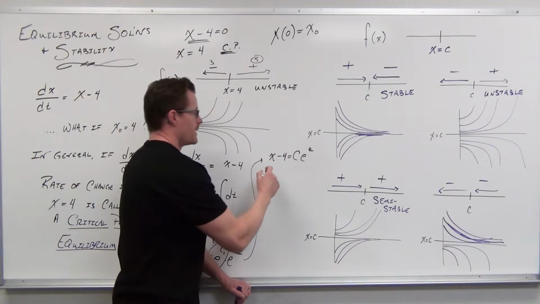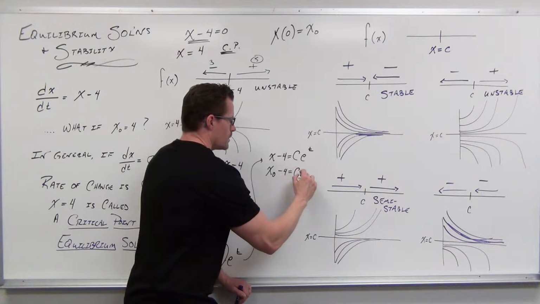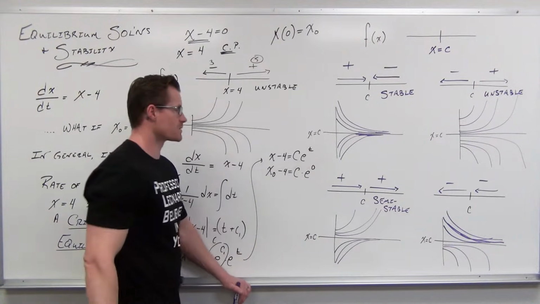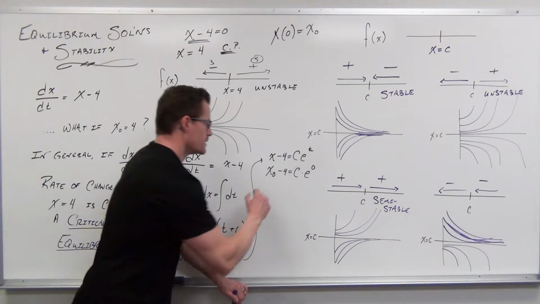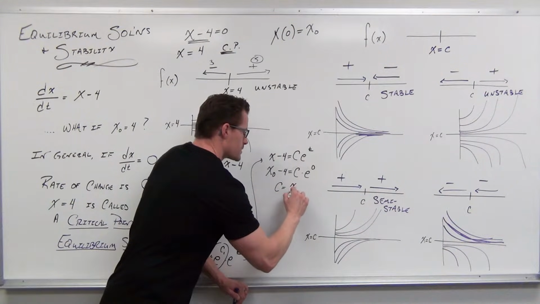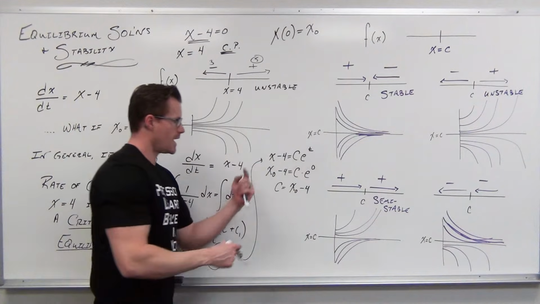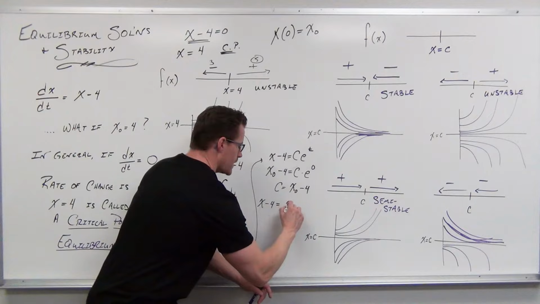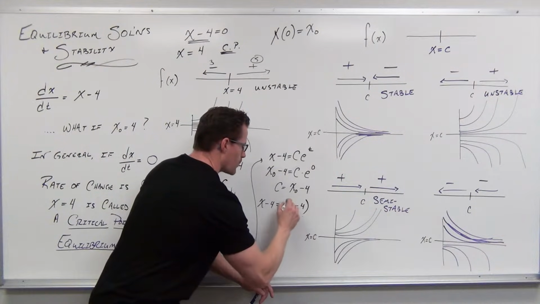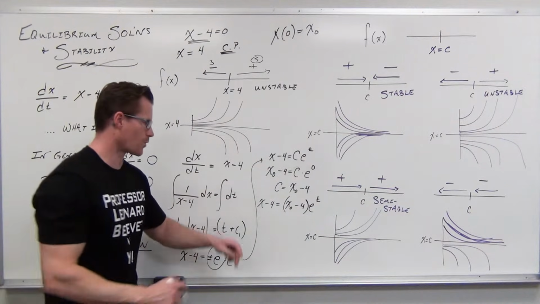So that x sub 0 is happening at time 0. Okay, so e to the 0 power is 1. This c would equal x sub 0 minus 4. And if we plug that in, so we have this x minus 4 equals x sub 0 minus 4 times e to the t. And just add our 4.